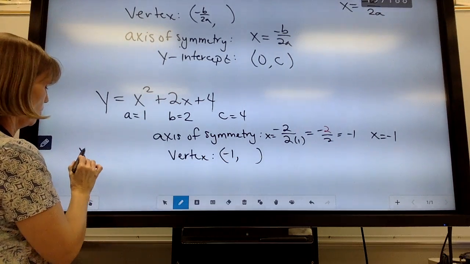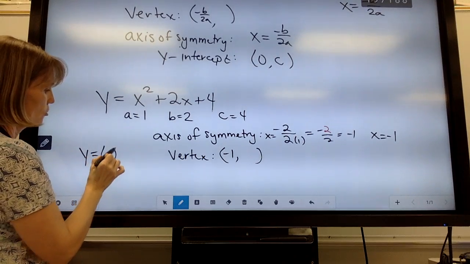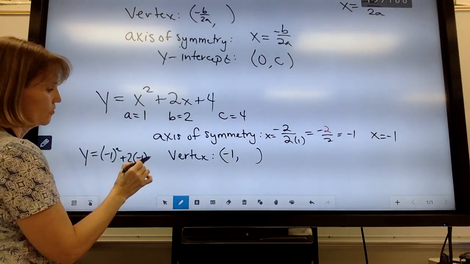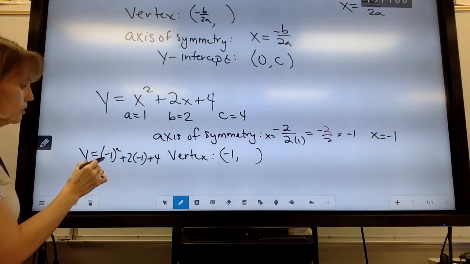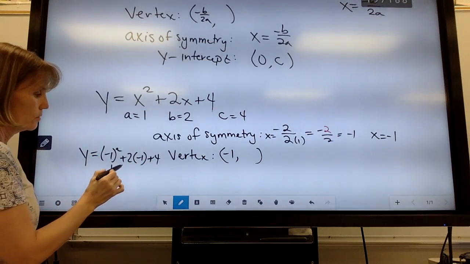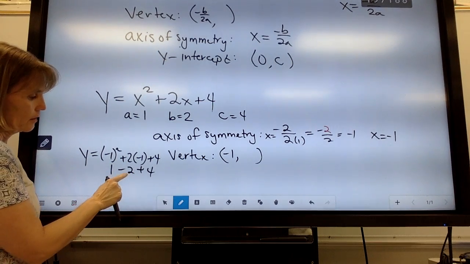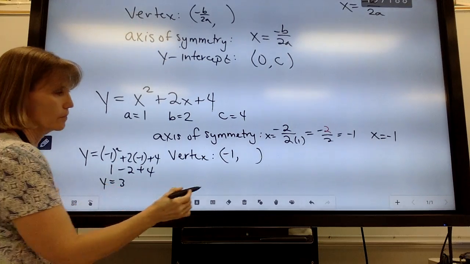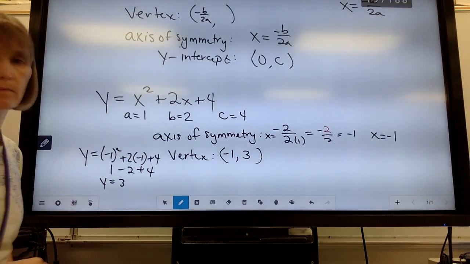You're going to say y equals, if I plug -1 in here, I get (-1) squared plus 2 times -1 plus 4. And you're going to evaluate that. (-1) squared is +1. This would be -2 plus 4. -1 plus 4, I would get a y value of 3. So my vertex is going to be located at (-1, 3).